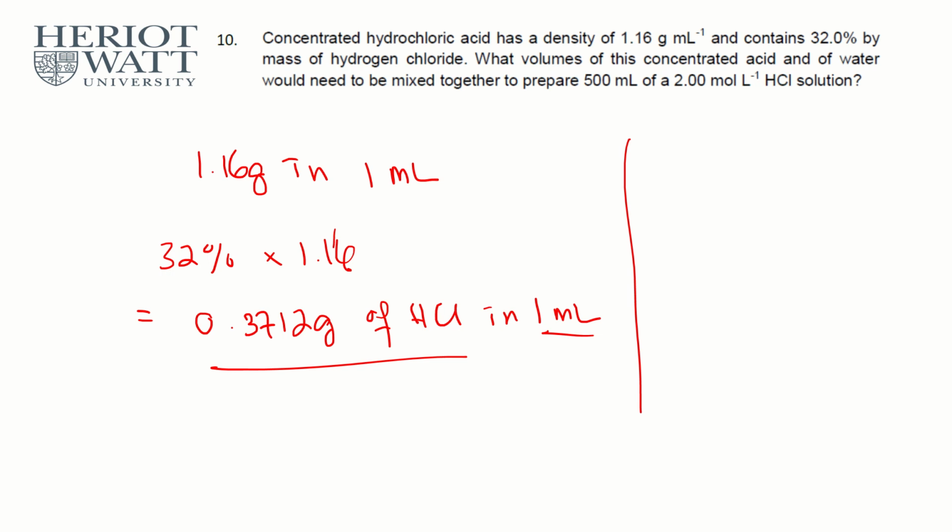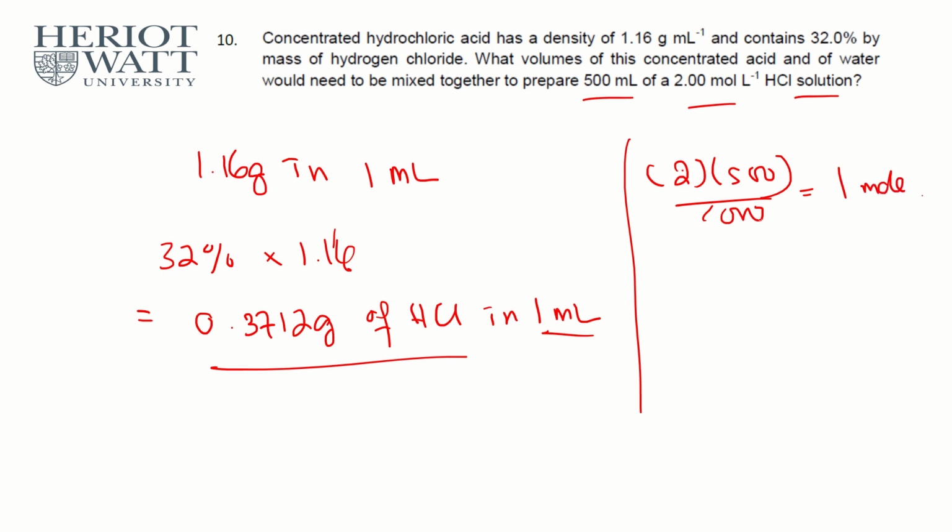All right, next, what do we need to prepare? We need to prepare this amount of HCl solution. So from here, we can calculate the mole of HCl needed. So it's 2 MV times 500 over 1000. You will get the mole. So it's equivalent to 1 mole.